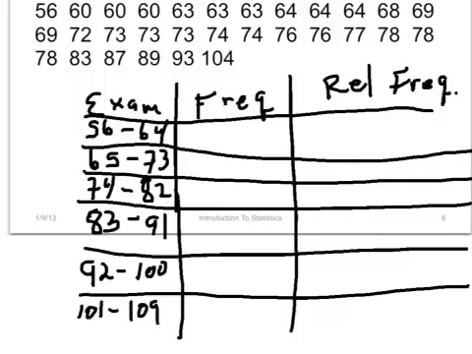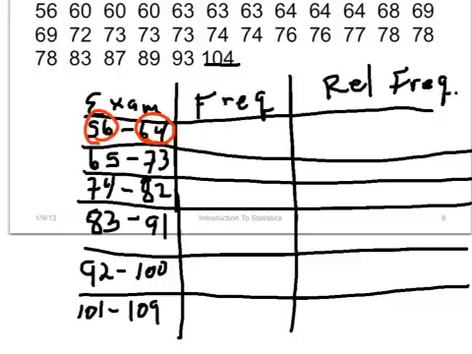Now I'm keeping my bin widths all equal. Remember, it says whenever possible, keep the bin widths equal. But notice that my largest value is 104. That means I could stop that bin at 104. So now notice a couple of things. One, this is the lower limit of the bin, and this is the upper limit of the bin.